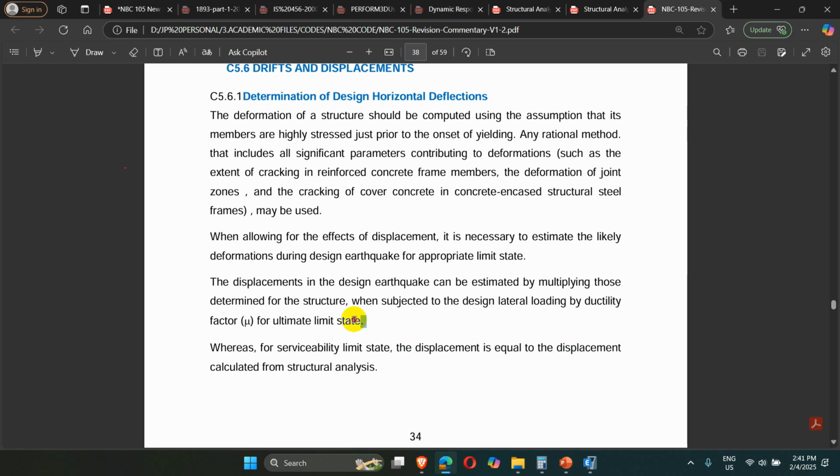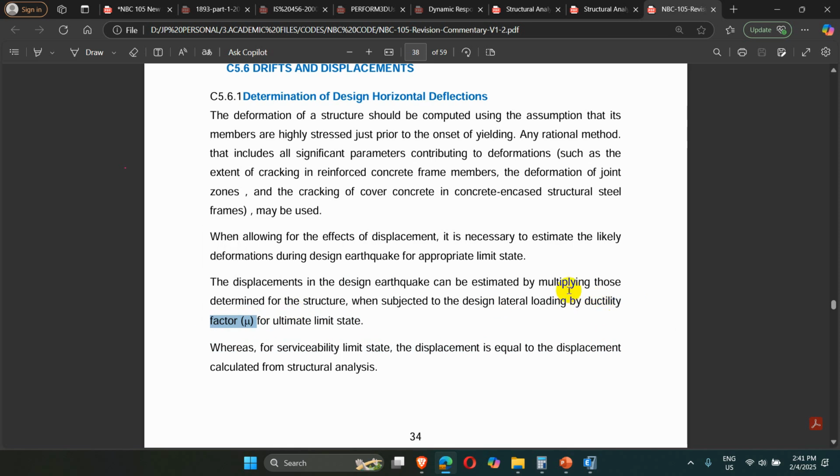So for the ultimate limit state, the inter-story drift or displacement obtained in ETABS shall be multiplied by the ductility factor, which is mentioned in NBC 105-2020, and it is different for different structural systems.